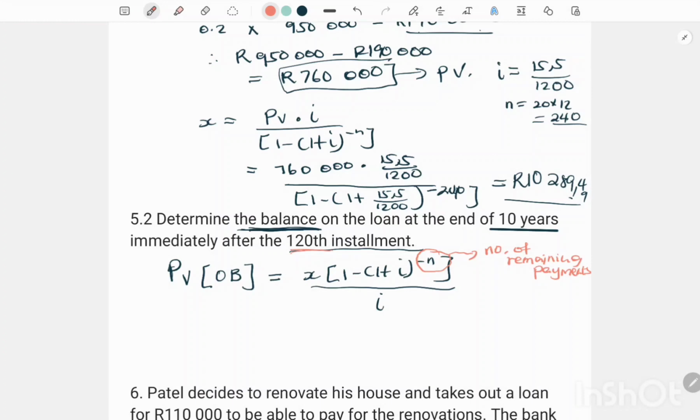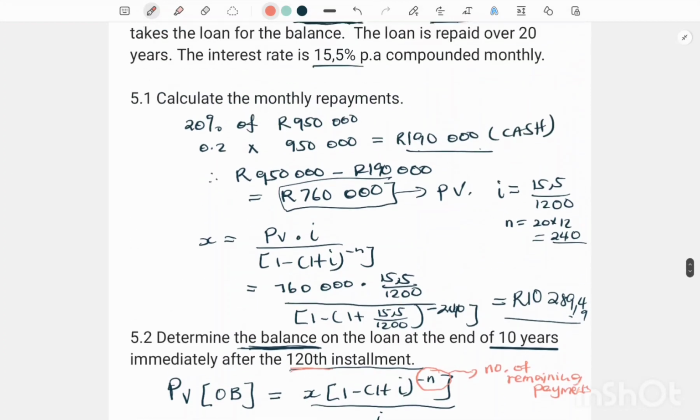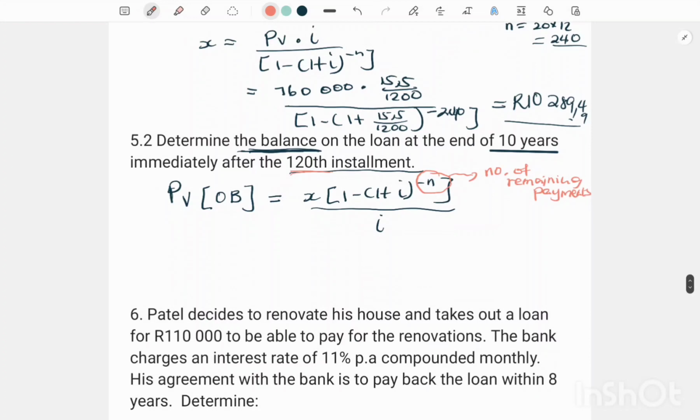So they want to know the balance for the remaining 10 years, the other 10 years. So the subtraction, guys, you don't have to confuse yourself. N is equal to, remember there were 240 payments minus 120 payments. Then the remaining payments is what?